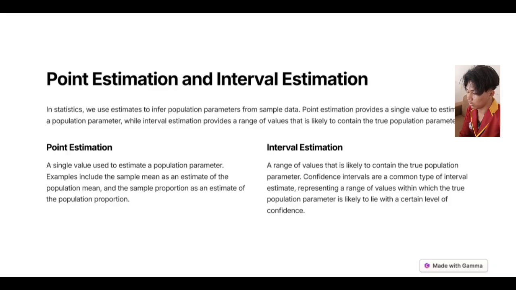Examples of point estimation include the sample mean as an estimate of the population mean and the sample proportion as an estimate of the population proportion. In interval estimation, confidence intervals are a common type of interval estimate, representing a range of values within which the true population parameter is likely to lie with a certain level of confidence.